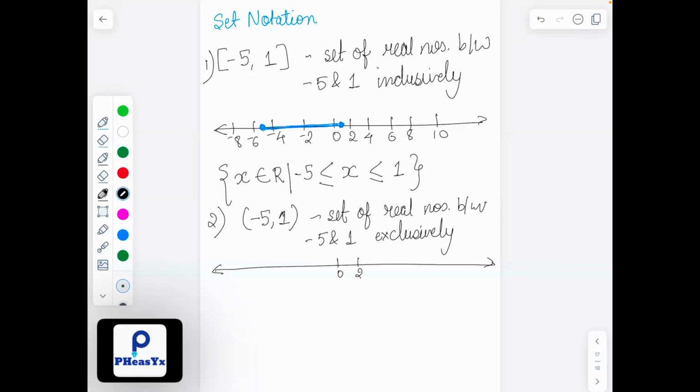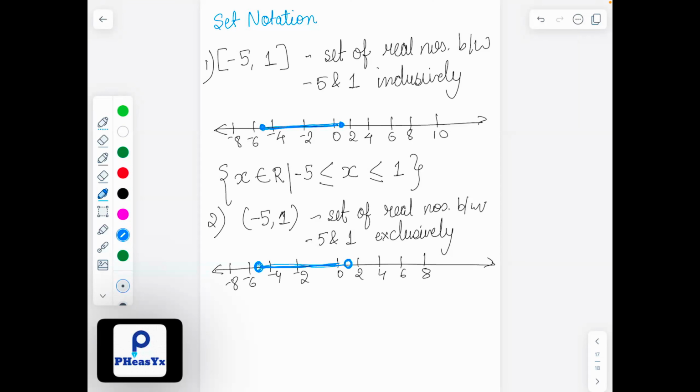Let's again draw a number line. So -5 will lie somewhere here and 1 will lie here. Remember, since it is parentheses, we will be using hollow dots.